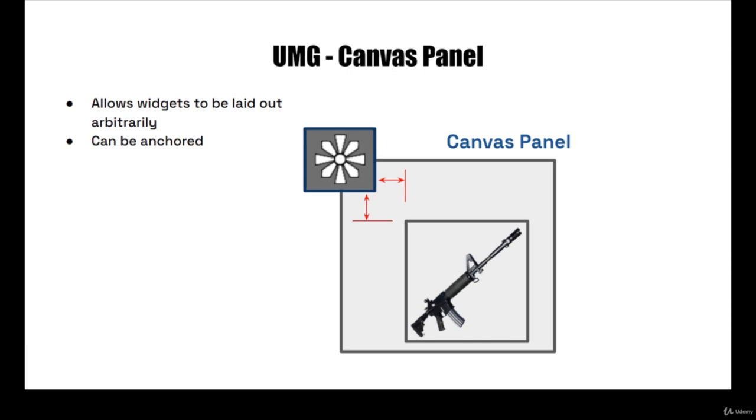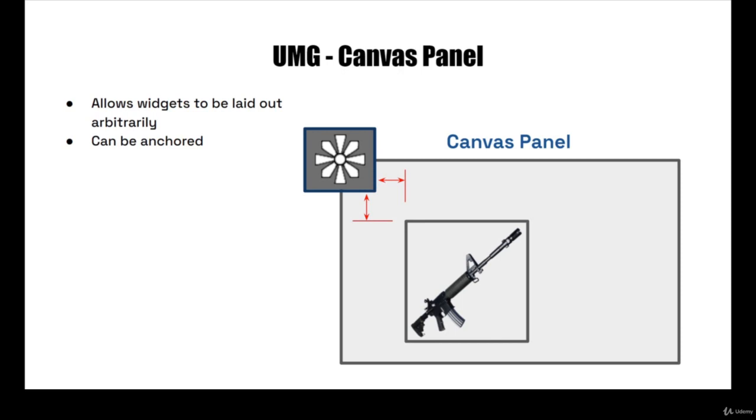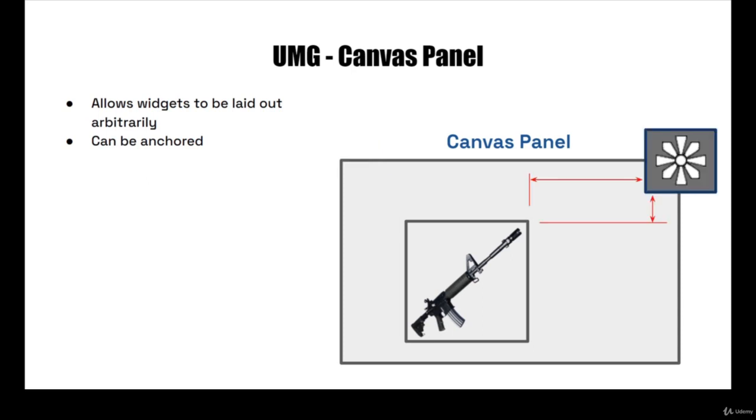This means if we scale the canvas panel out, our item will still remain the same distance from that anchor. It's anchored to that location. Now, if we anchored this icon to the top right, well, now its location is going to remain constant based on its distance from the top right corner instead of the top left.